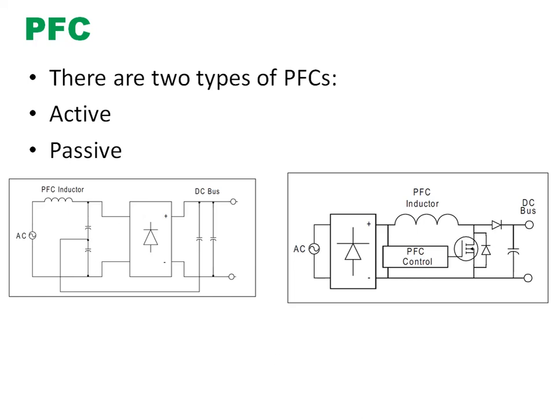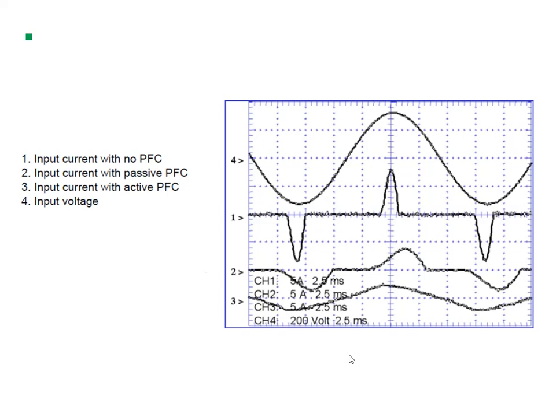I will show you here. This fourth waveform is the input voltage. As we saw previously from the distortion power factor point of view, this is the input current without any power factor correction. But by implementing a passive power factor correction circuit, that means adding passive components, the waveform is improved a little bit.